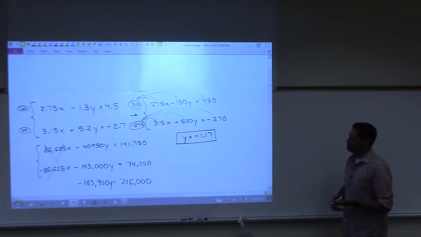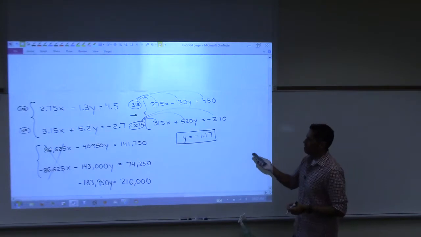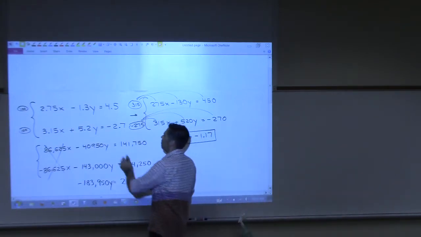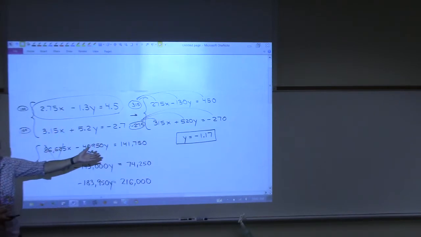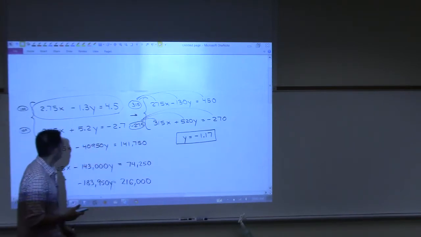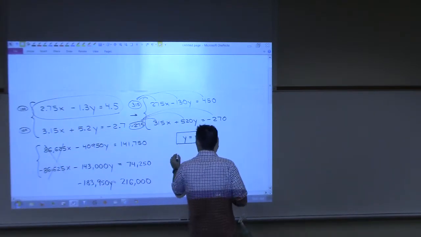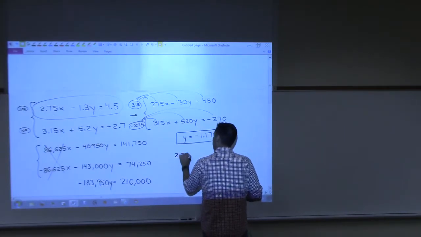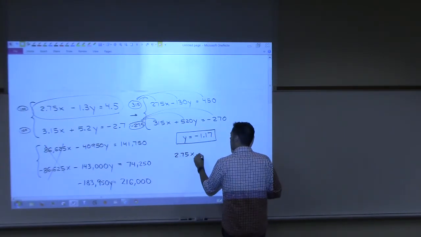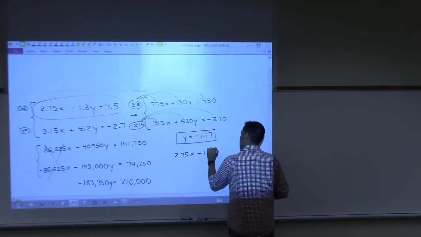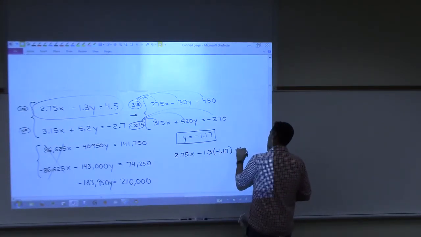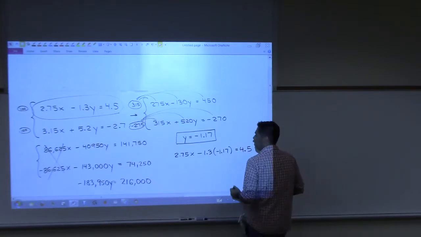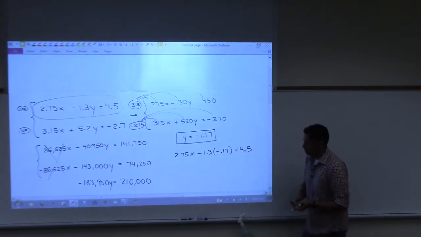And then x, how do we get x? Plug it into any of these, and I'm just going to go back and grab this first one right here. I'm actually going to use the decimal one because I've already got decimals, so I'm not too concerned about it. So I have 2.75x minus 1.3 times negative 1.17 equals 4.5. And then you work this out.